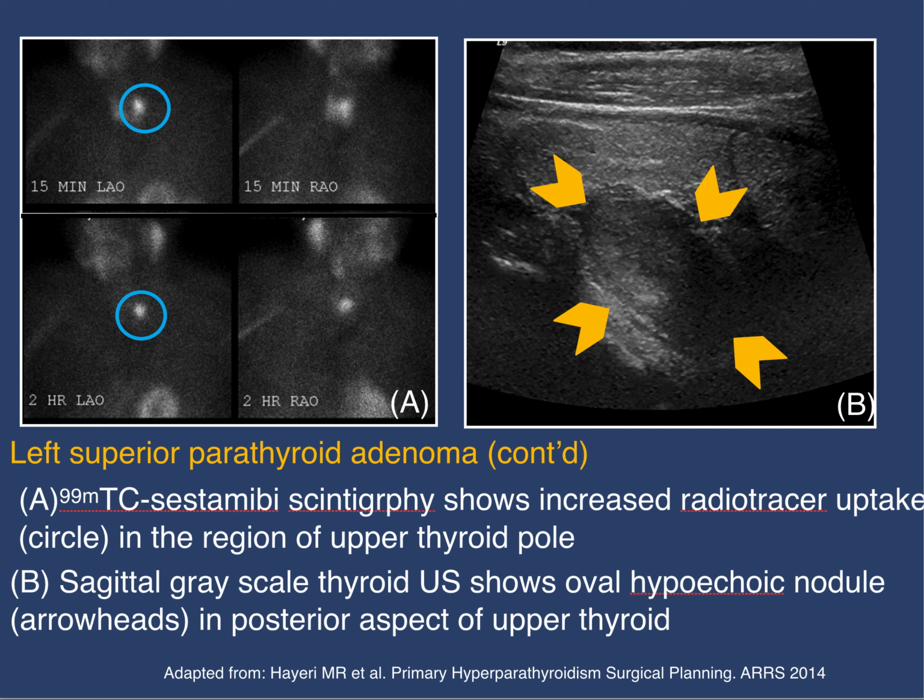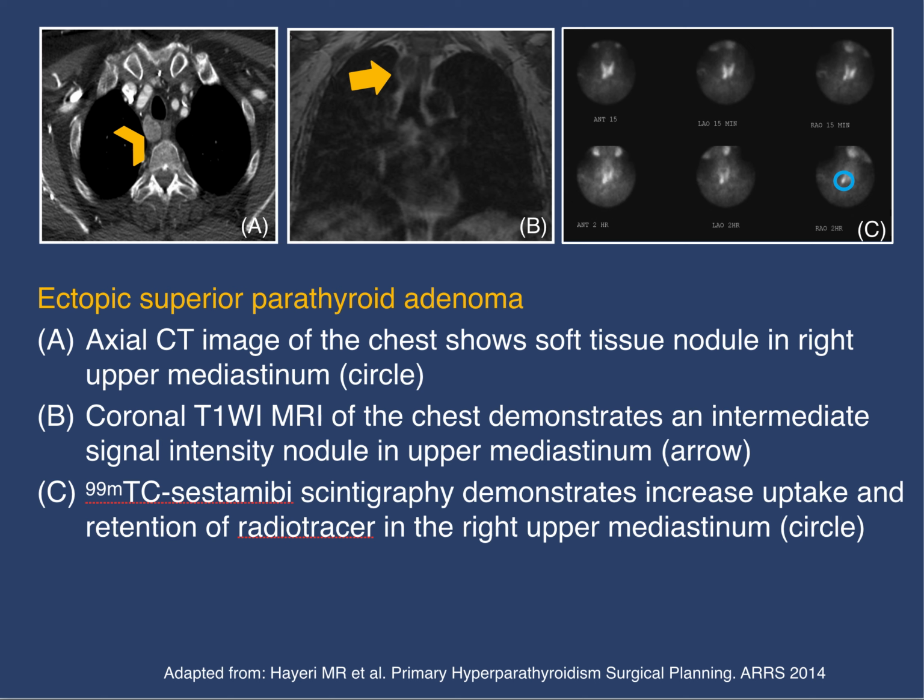Another example of a lesion that we're localizing on an ultrasound and sestamibi scan. This is an ectopic lesion. We are seeing it on the image on the right on the parathyroid scan, and subsequently able to find it in both CT and MRI, again enabling surgical intervention.